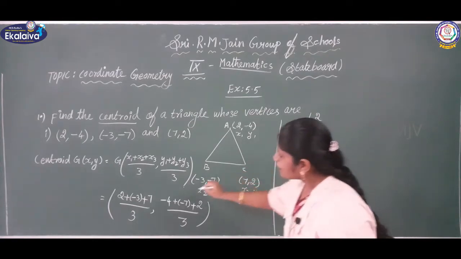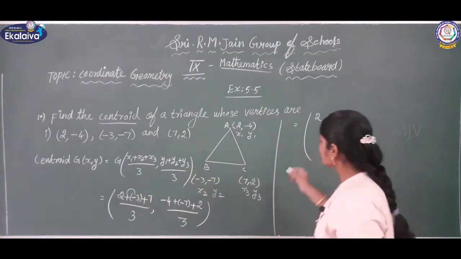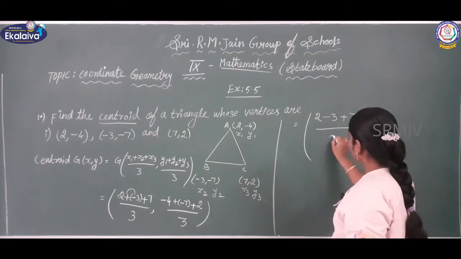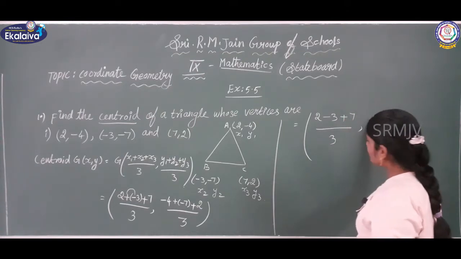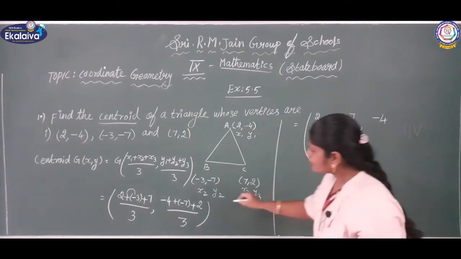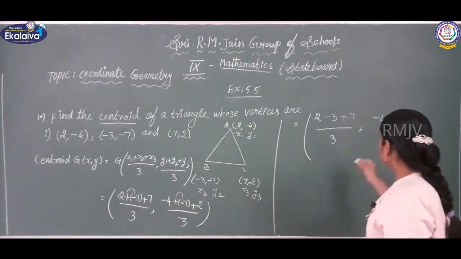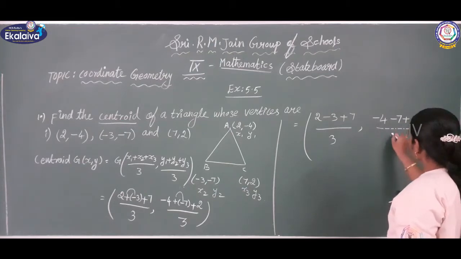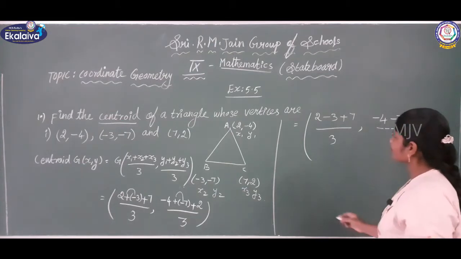So (2 plus minus 3 plus 7) by 3, (minus 4 plus minus 7 plus 2) divided by 3.